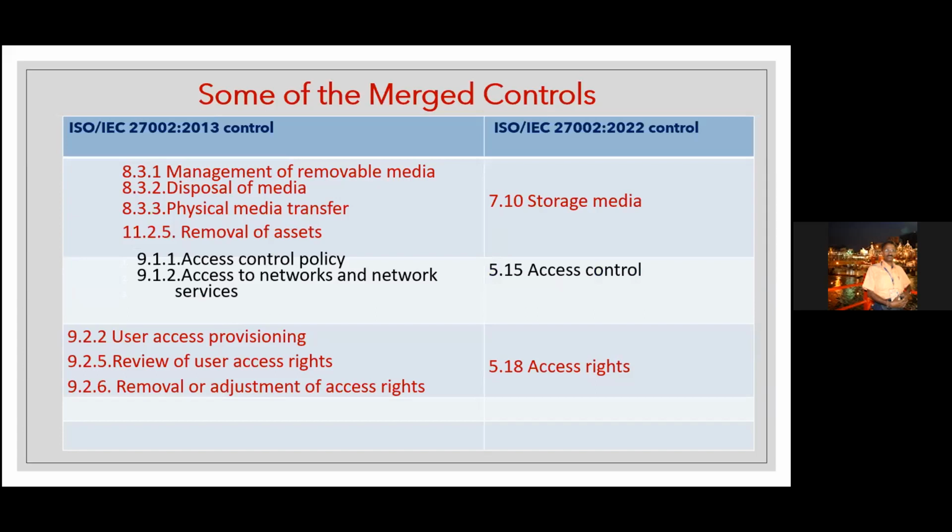And 9.1.1 access control policy and access to networks and network services have been defined under access control. A simple wording, but giving wider scope for verification and implementation. User access provisioning, review of user access rights, and removal and adjustment of access rights: these are three areas now covered under access rights.